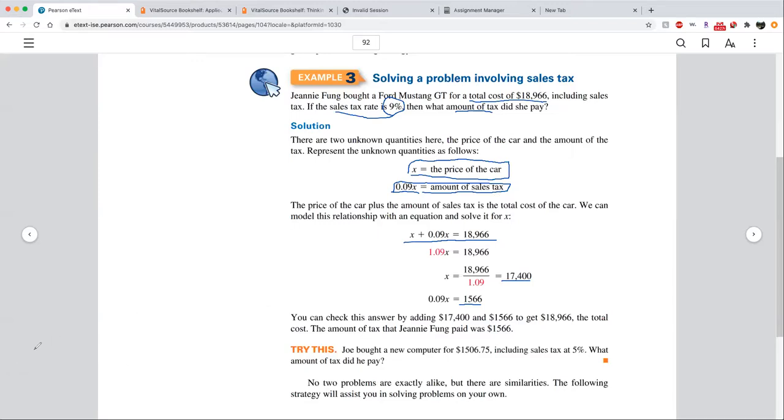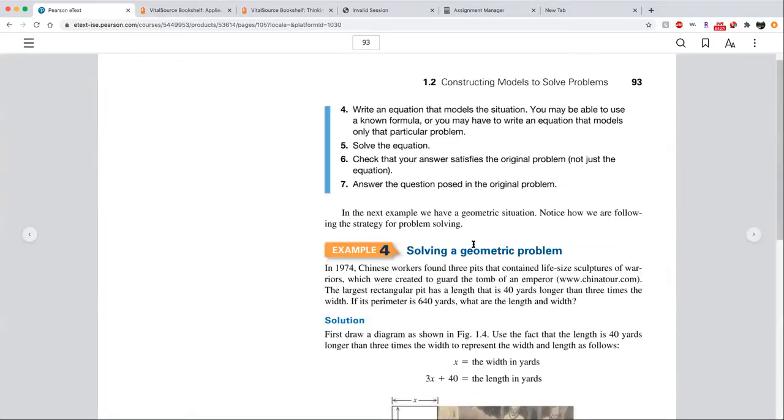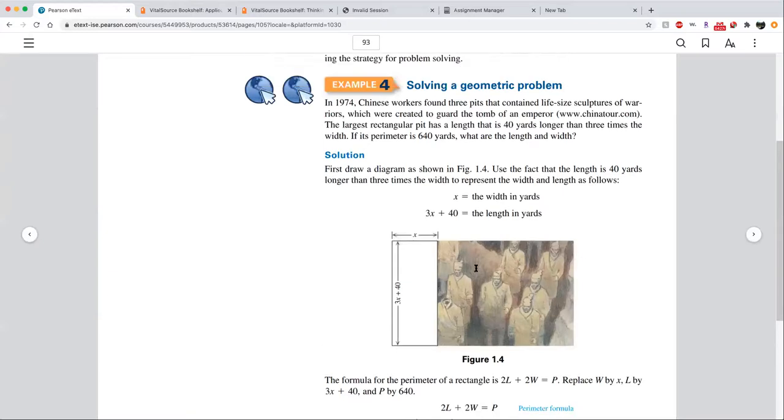Now, next one. The next example is solving geometric problems. Sometimes it's really helpful to plot the diagram or geometry figure to better understand the problem.